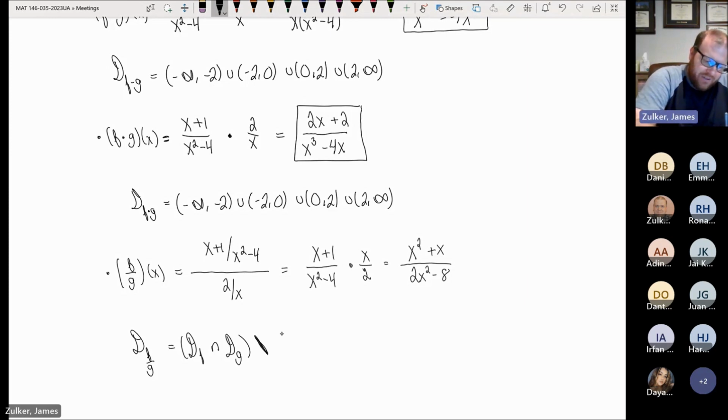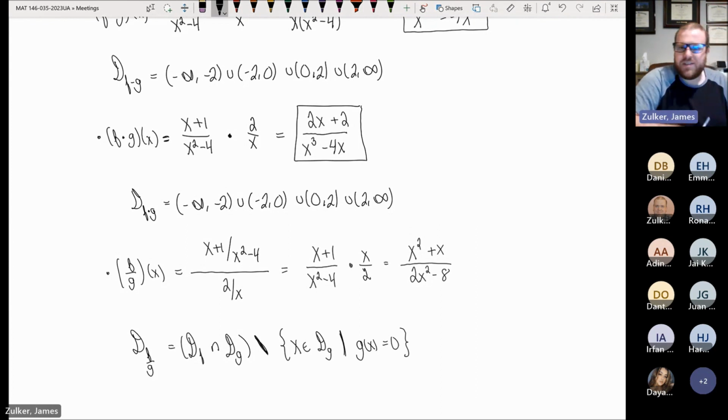Then we have to take out any element in the domain of g that makes g of x equal to 0.